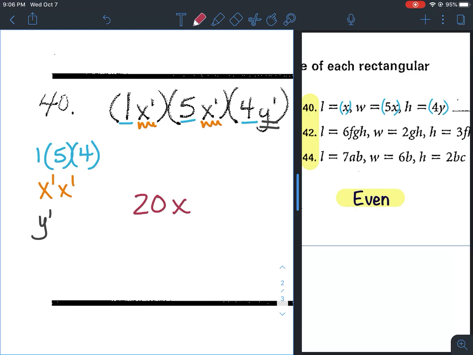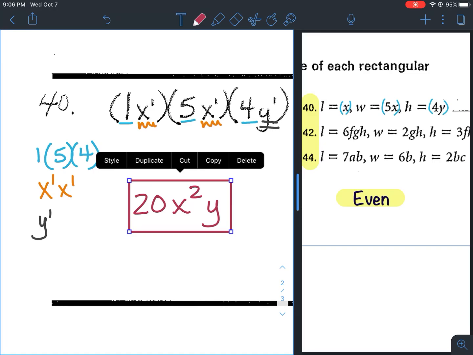For the x's, 1 plus 1 would give me x squared. And since there's only one y term, I put down y. Now, if you put the 1 on the y, I would not mark that wrong. But technically in your final answer, if the exponent is 1, you don't need it. So my final answer is 20x squared y.